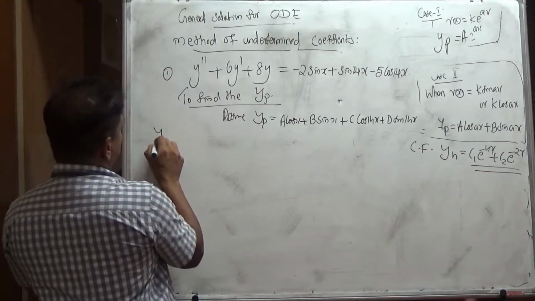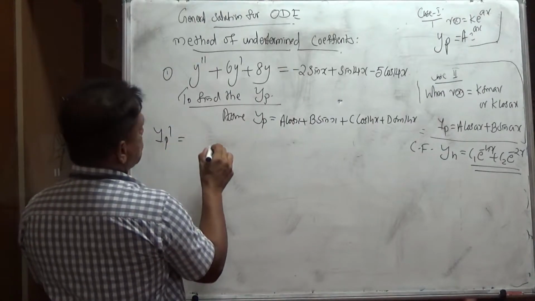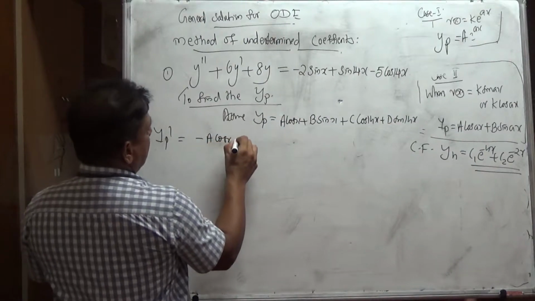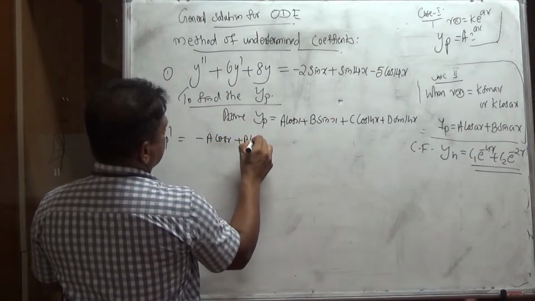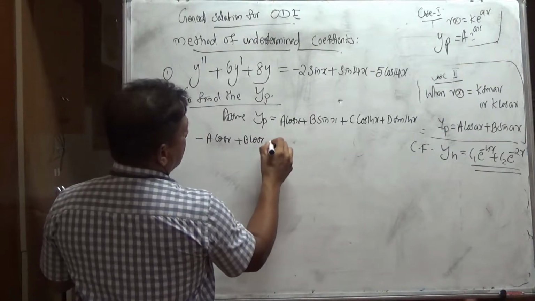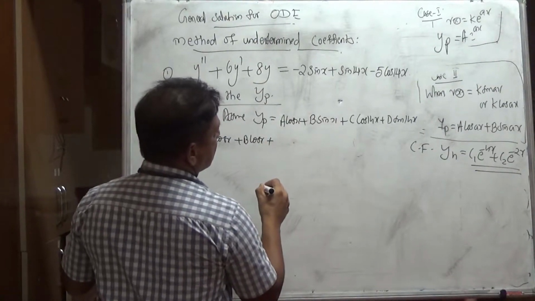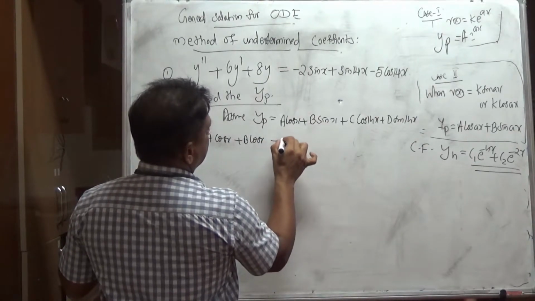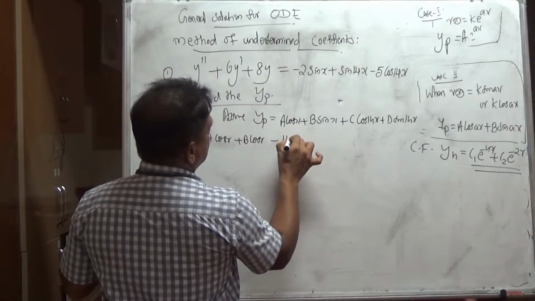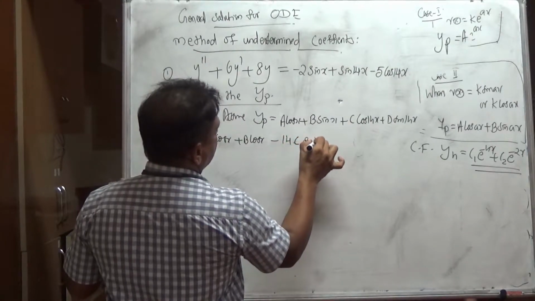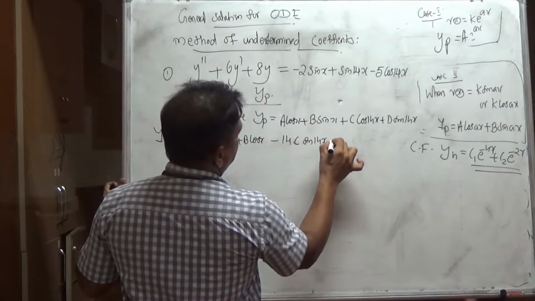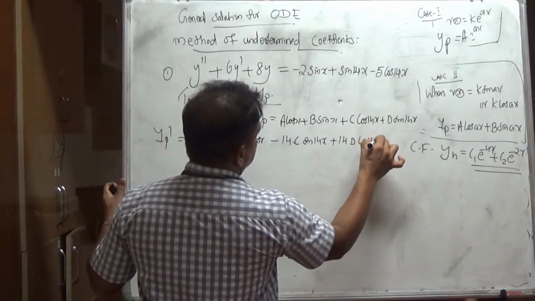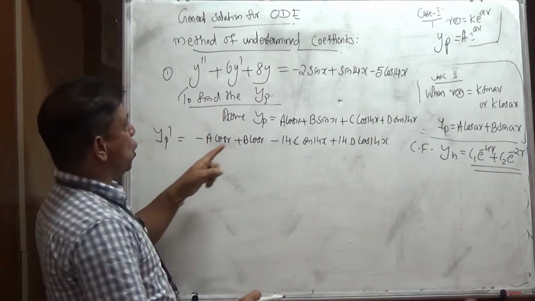yp dash is equal to minus a sin x plus b cos x, then minus 14c sin 14x plus 14d cos 14x. This is the first derivative of yp.